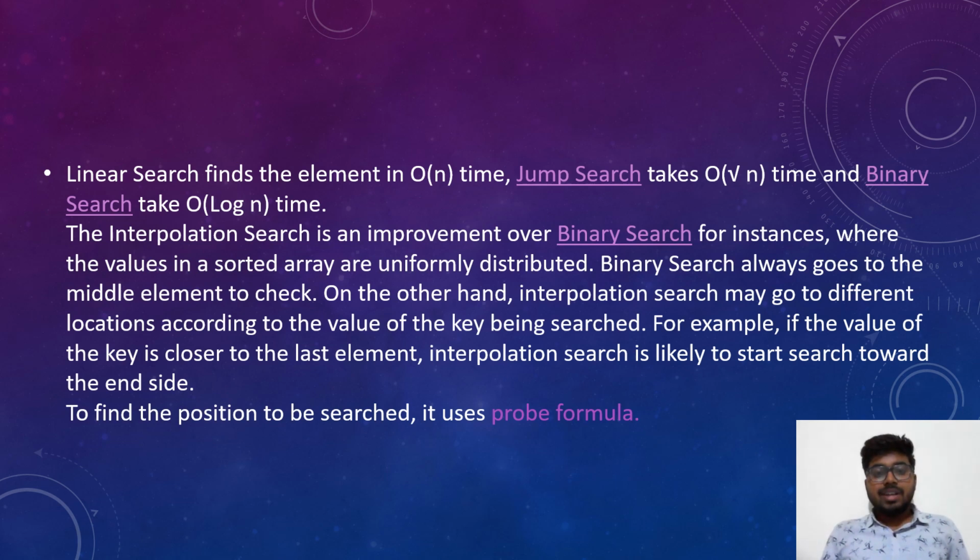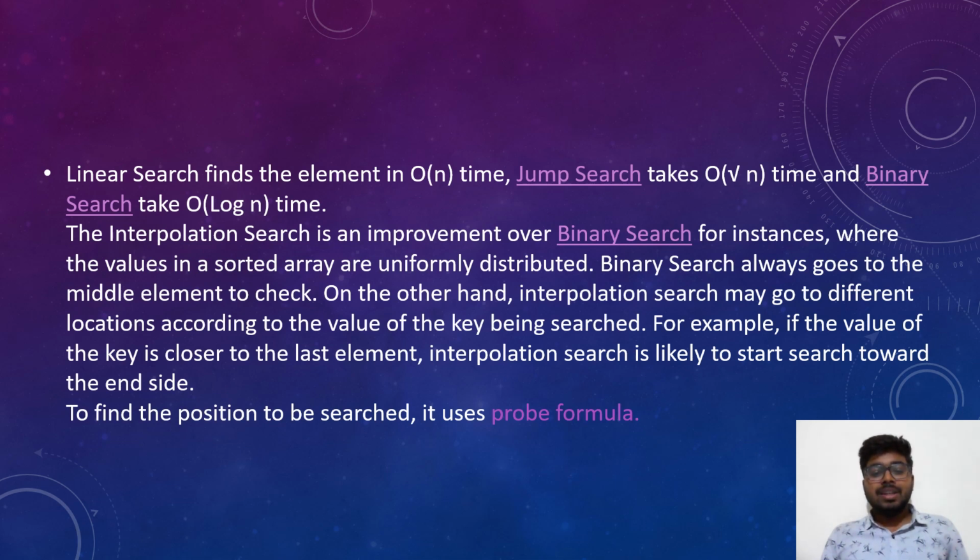Linear search finds the element in big O of n time. Jump search takes big O of root n time, and binary search takes big O of log n time. The interpolation search is an improvement over binary search for instances where the values in a sorted array are uniformly distributed. Binary search always goes to the middle element to check.